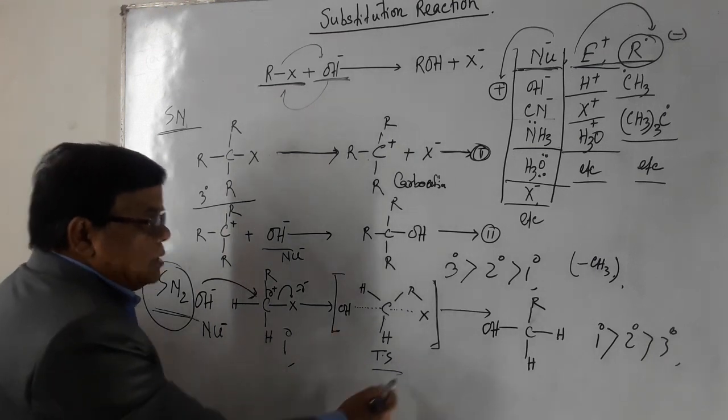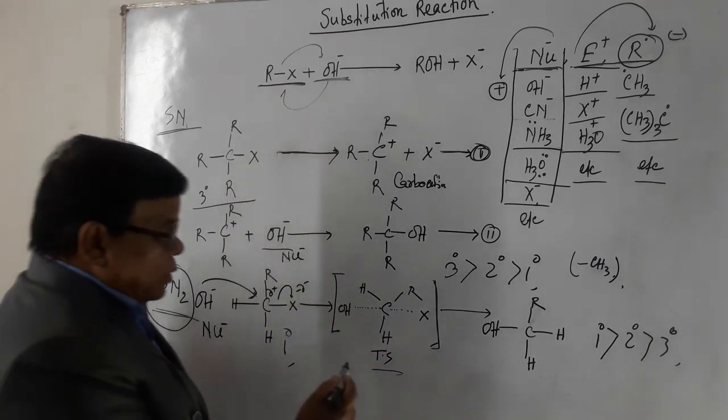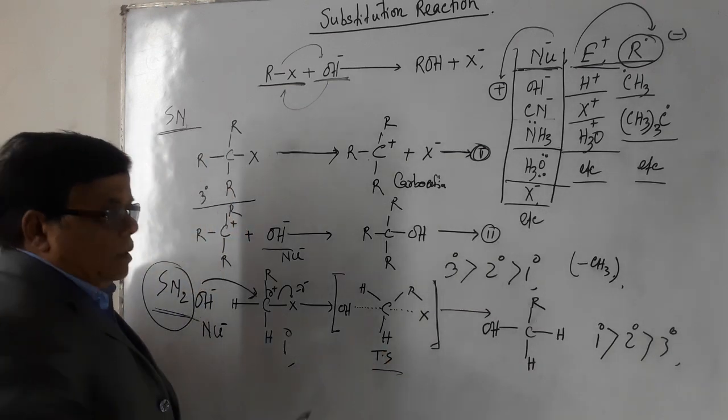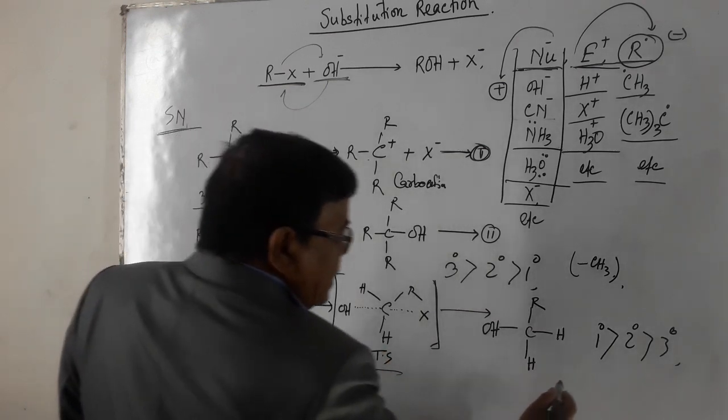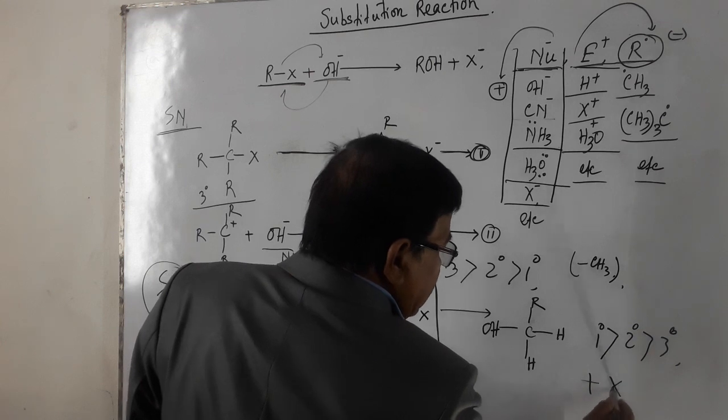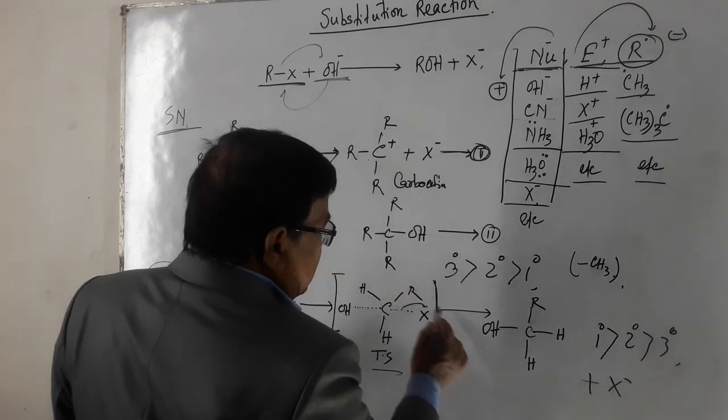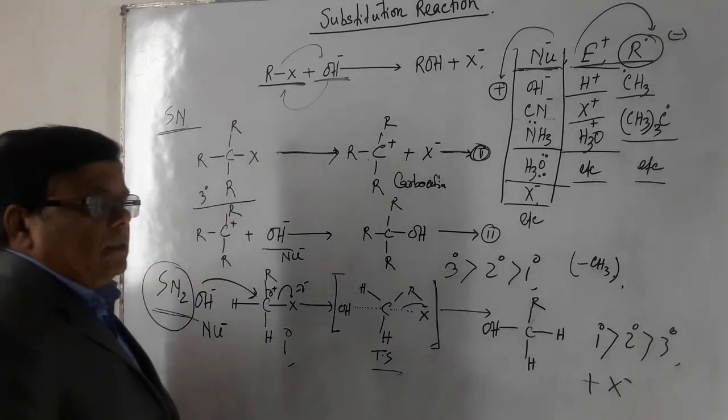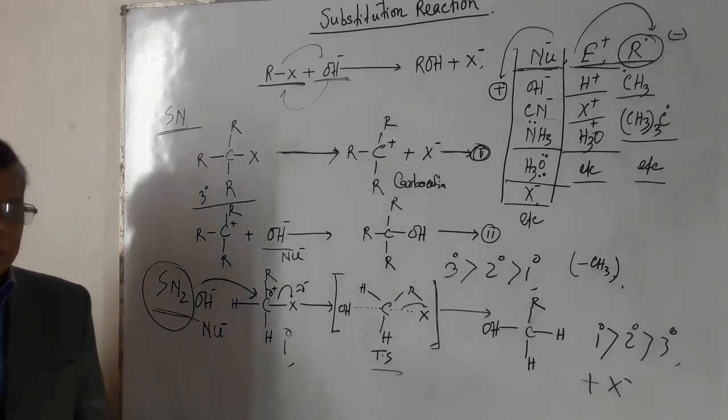This is the transition state, which is unstable. Then by release of halogen from here, the product will be formed.